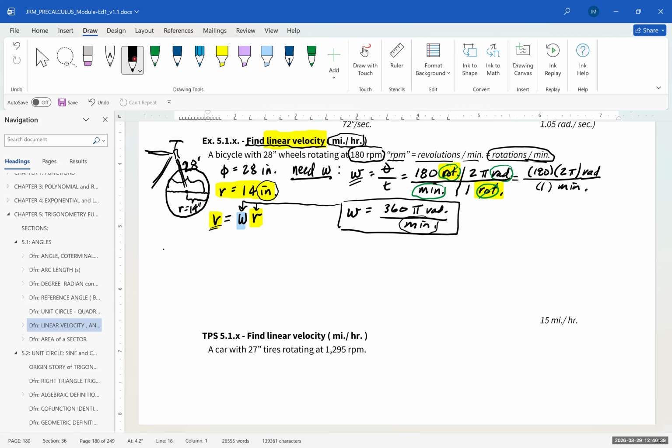We want to end up with miles per hour. Well, let's first worry about converting everything that we've got into miles. And so when we're thinking about converting things from miles, we can go from miles to feet, and then from feet into inches.